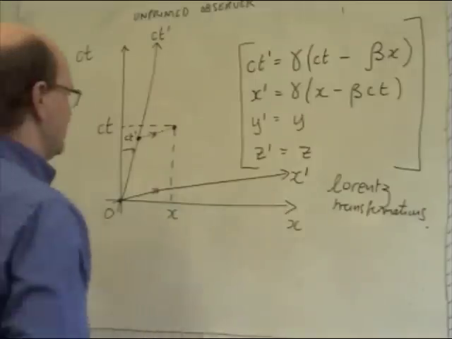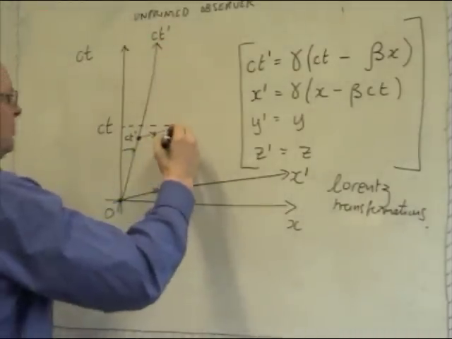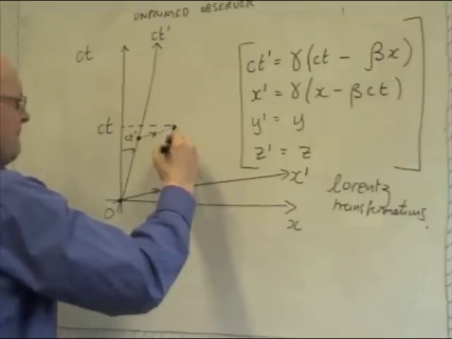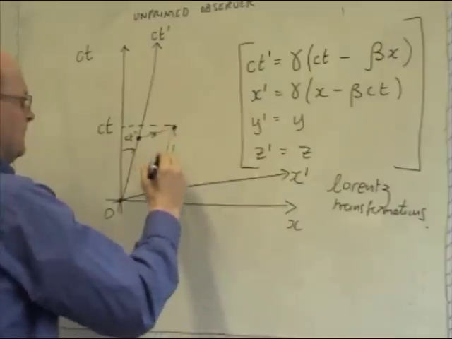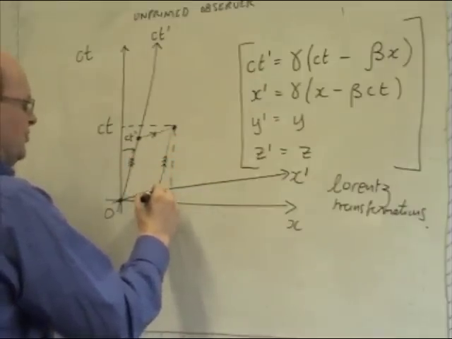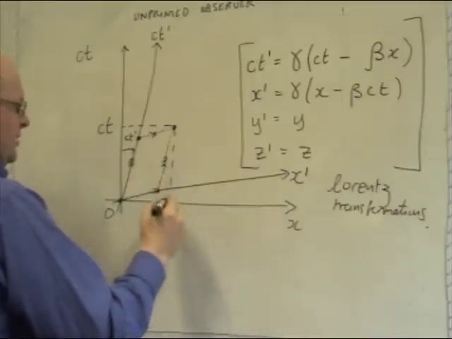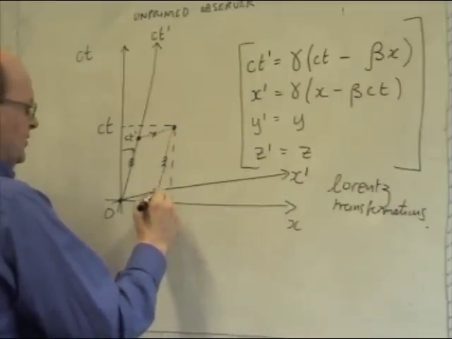And similarly, to figure out the x primed coordinate, we draw a dotted line parallel to the CT primed axis. So that line there is meant to be parallel to the CT primed axis, and the intersection of this dotted line with the x primed axis will be the x primed coordinate of the event.